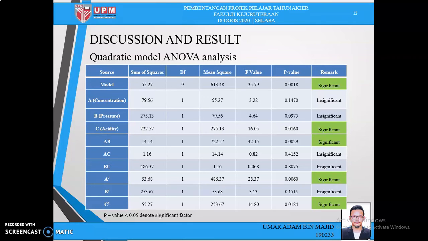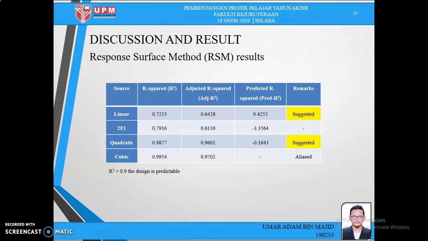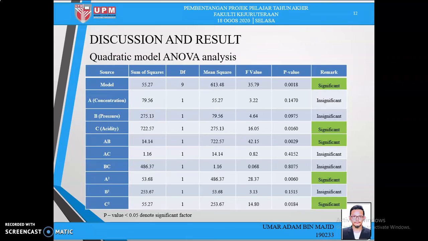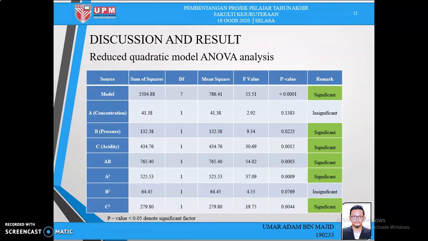However, based on the predicted R squared value, which is negative 0.1643, where we want to achieve higher than 0.9, the reduced model was used. So this is the result.